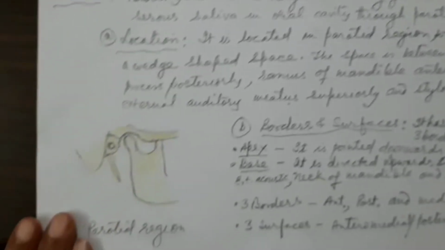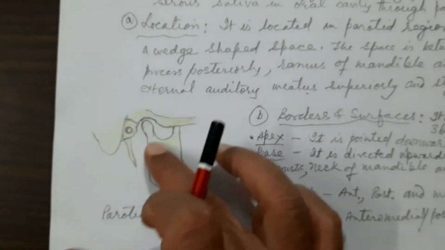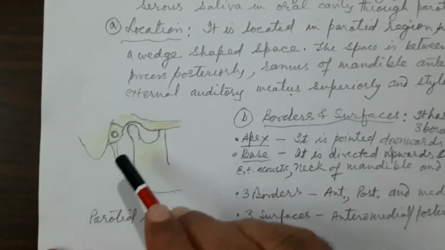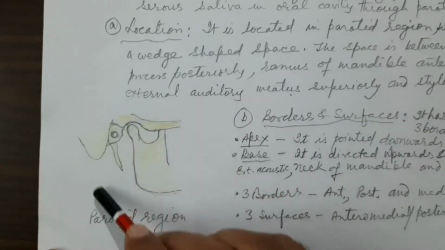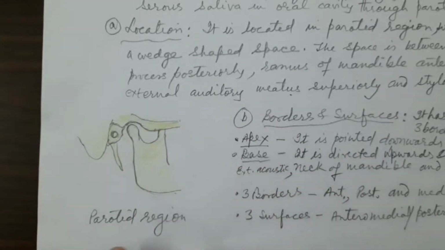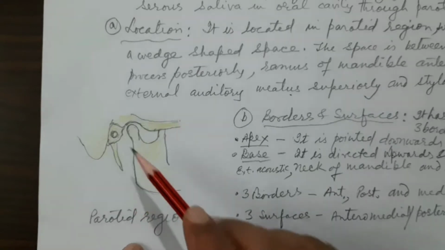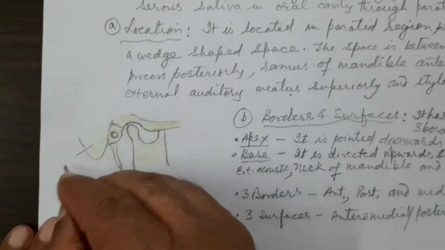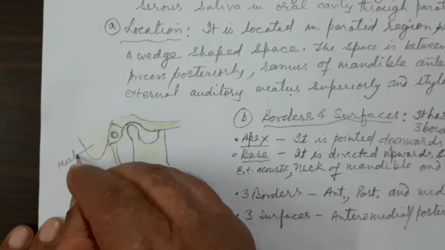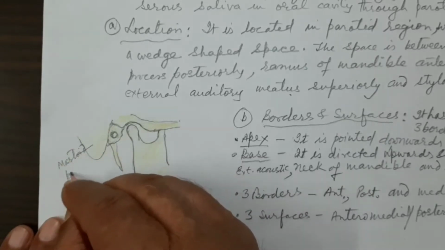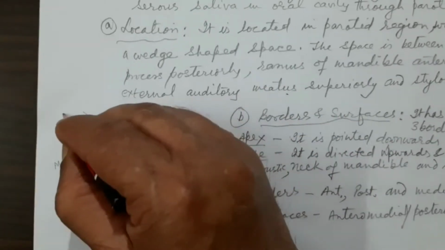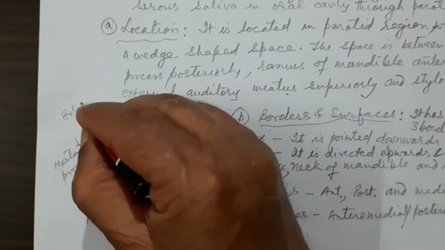I have tried to draw a diagram for the parotid region, the vase-shaped space where this parotid gland is located. This is the space between the mastoid process. See this? This is the mastoid process. This is the external acoustic meatus.